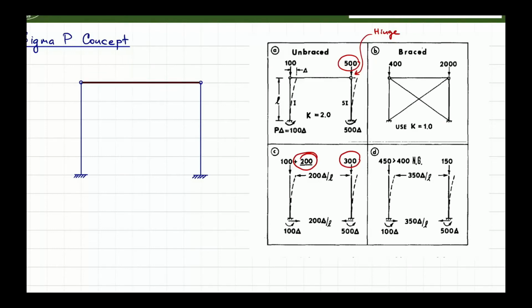So in the left column, you used to have just 100, now you have 300. The question is whether it is possible to do this, or will it collapse? If I just put 100, is it going to collapse? Because 100 is the buckling load of the left column, and now we overstress the left column. Will it fail?